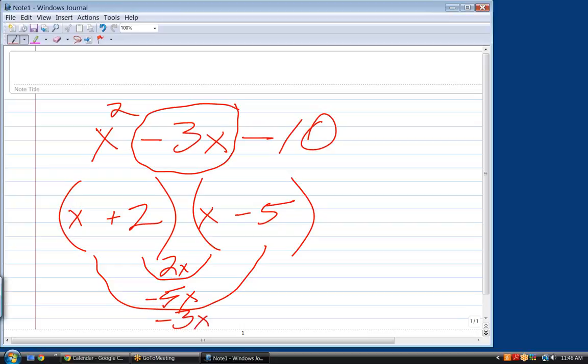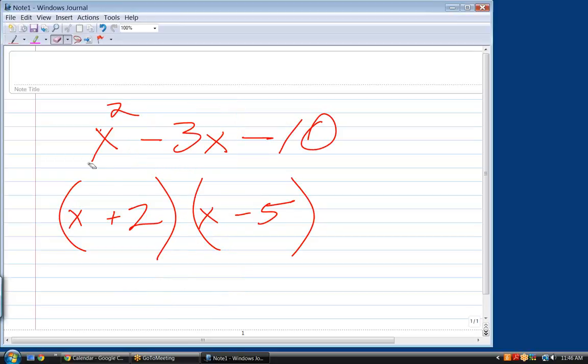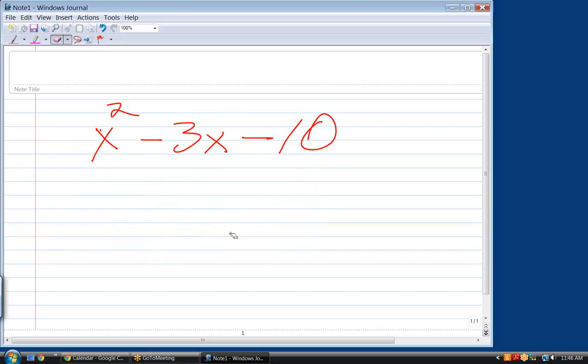I don't need to check anything else. So I don't really need to fully multiply these back together again, at least not in my book. Now, it may be when you take a class that they'll say, okay, after you've factored it, multiply this back together again fully to make sure that you get what you started with. Okay?